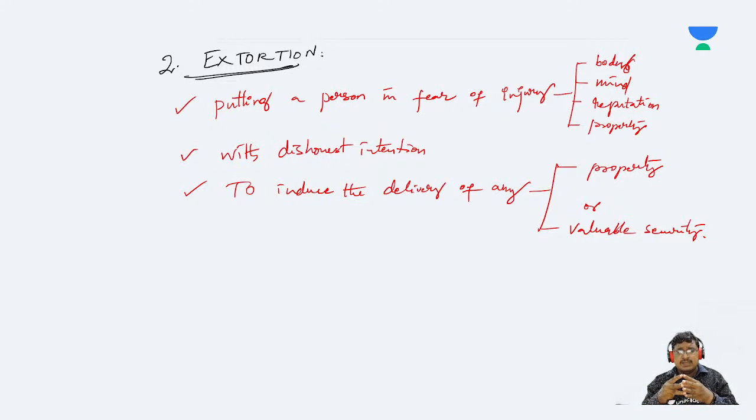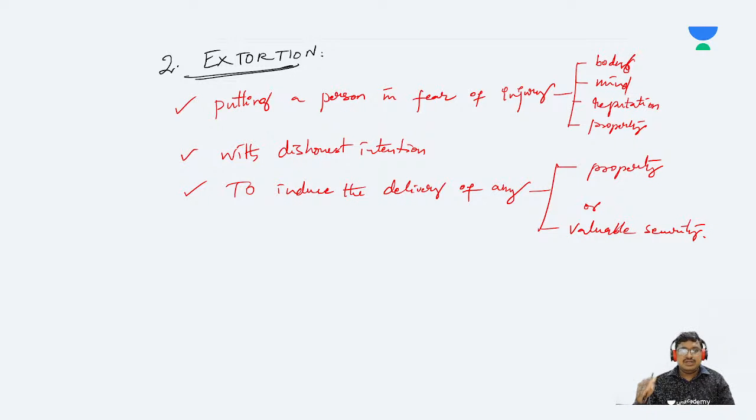Or the accused person is putting a person in fear of injury to the reputation of another person. He may put another person in fear of making defamatory statements or libel against them, or in fear of causing injury to his goodwill and reputation in society or in the minds of the public.